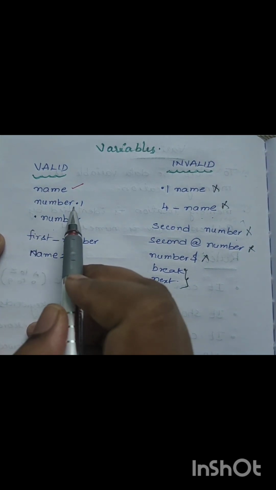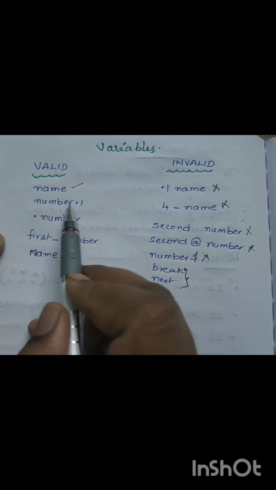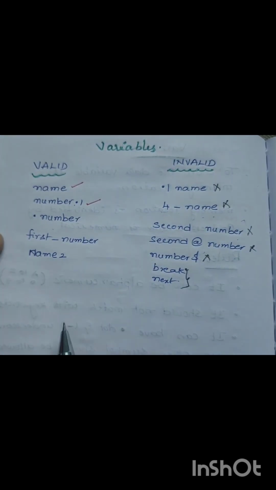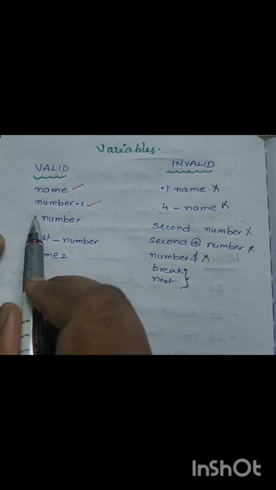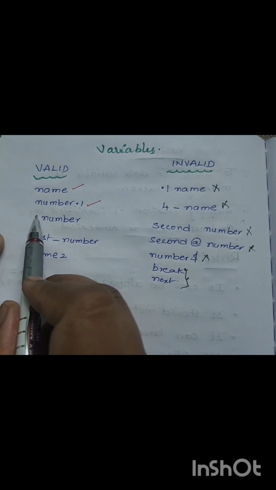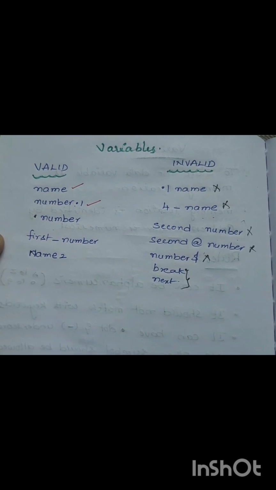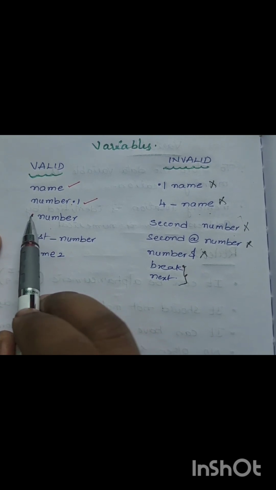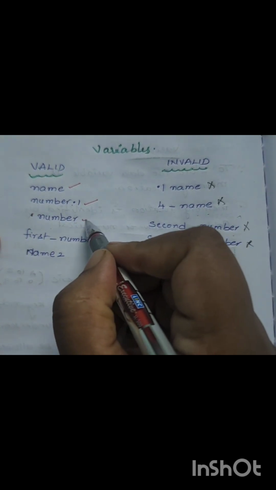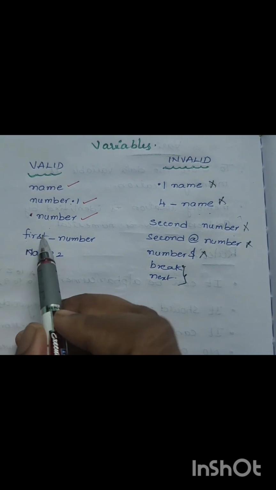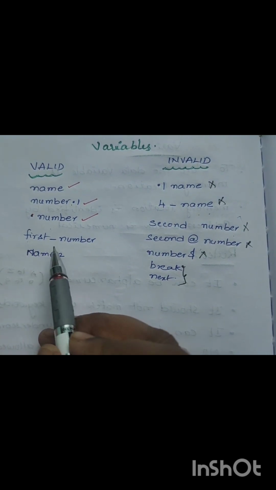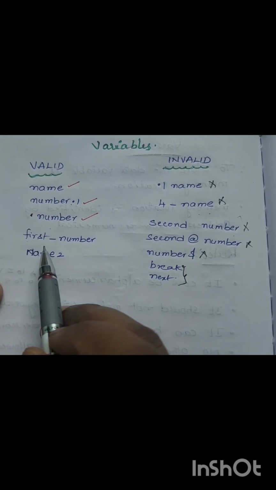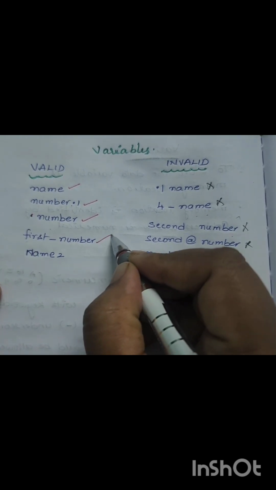The second one is number.one, an alphabet followed by a dot and a digit, so it is also valid. The next one is .number. In R programming a variable can start with a dot followed by an alphabet, so .number is also valid. Then _number: in R programming underscore and dot are the special characters which are allowed, so it is also allowed.